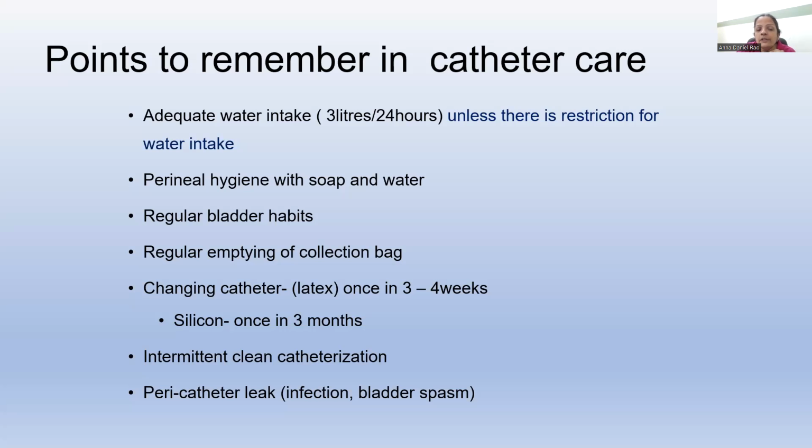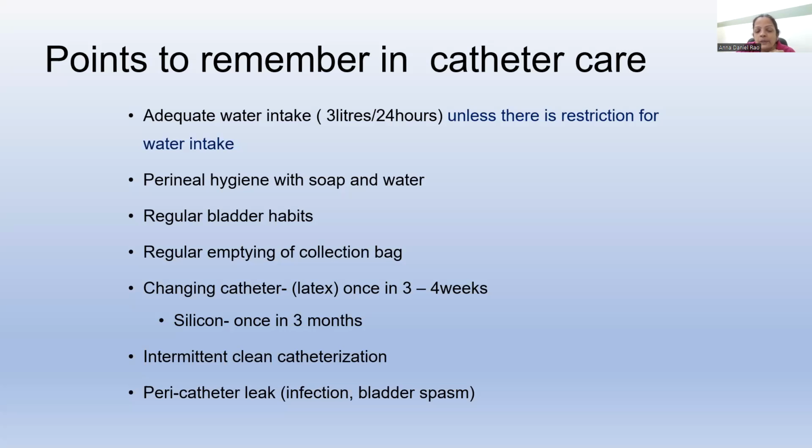If the patient is on a catheter, then how to do it? Many times if the patient is mobile, patients themselves take good care of themselves. We only have to advise them how to go about it. So regular care is very essential.